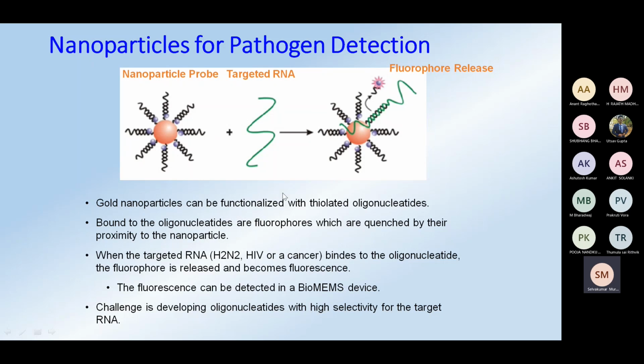Depending upon the targeted RNA, what will happen? When you put this self-assembled nanostructure into the media or sample where you want to detect, it will start to detect the RNA, and once the RNA matches the surface functionalities of the nanoparticles, they will start to release fluorescent ions.